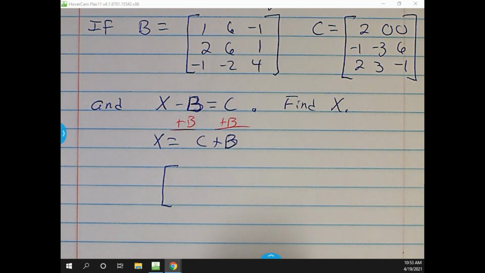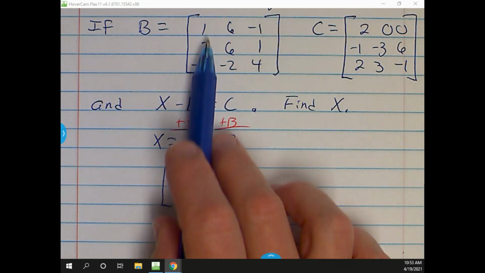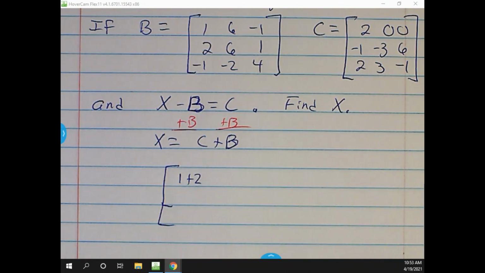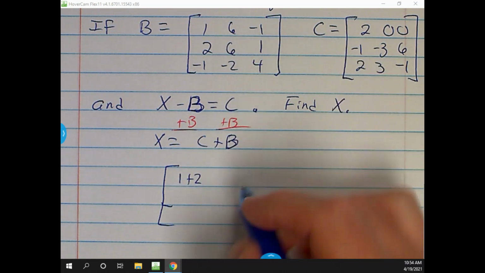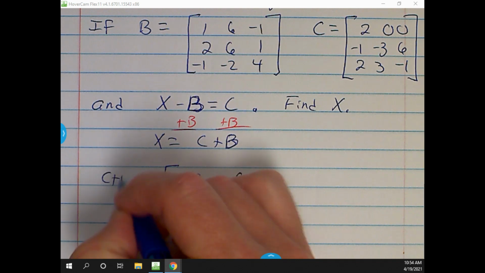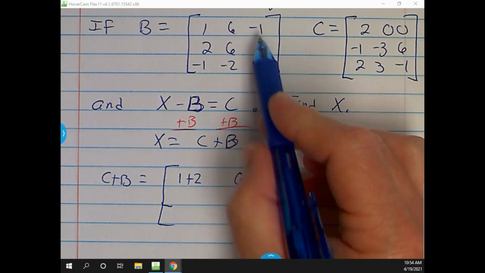All right, so if we do C plus B, and we'll just go ahead and do it from right here, it's 1 plus 2. It's 6 plus 0. It's -1 plus 0.